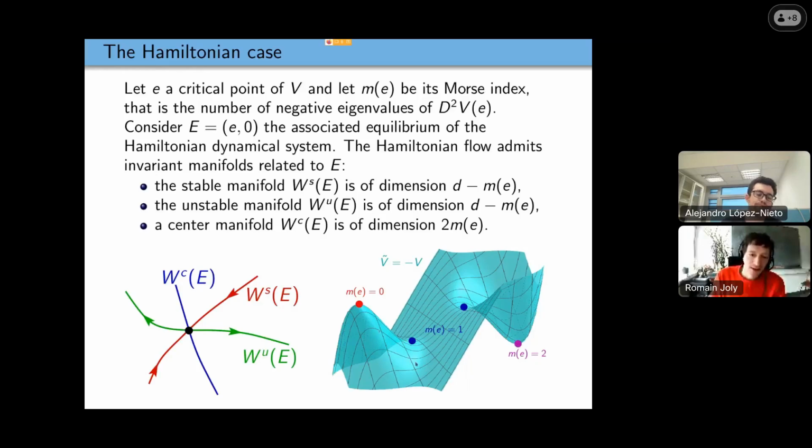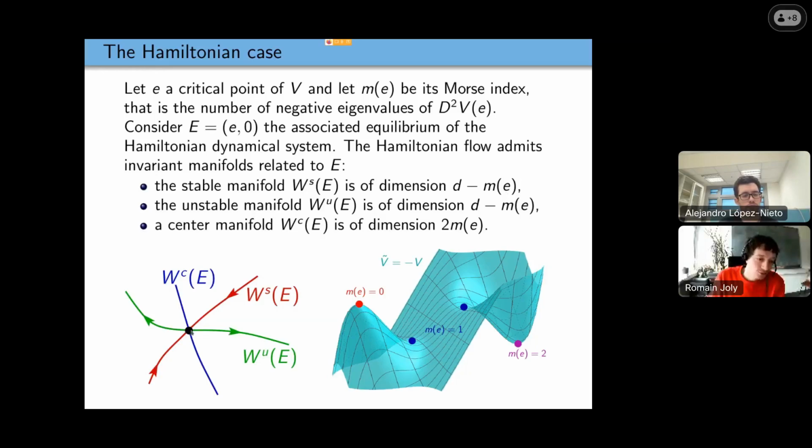Okay, and once you get this Morse index, it's really easy to see that for the ODE, the Hamiltonian system, if you look at the equilibrium point in R^d, in the ODE, then you have this kind of pattern. There is a stable manifold, so all the solutions that are attracted by your equilibrium point form a manifold, and this manifold is of dimension d minus the Morse index.